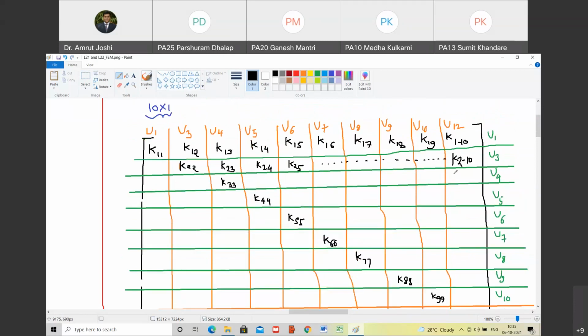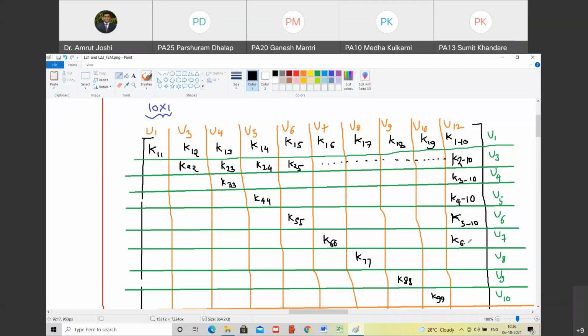Here K310, K410. See, you will see a gap. Instead of 510, it is 410 because one degree of freedom is missing. We don't have U2. That's why after U2, you will always see a lag.